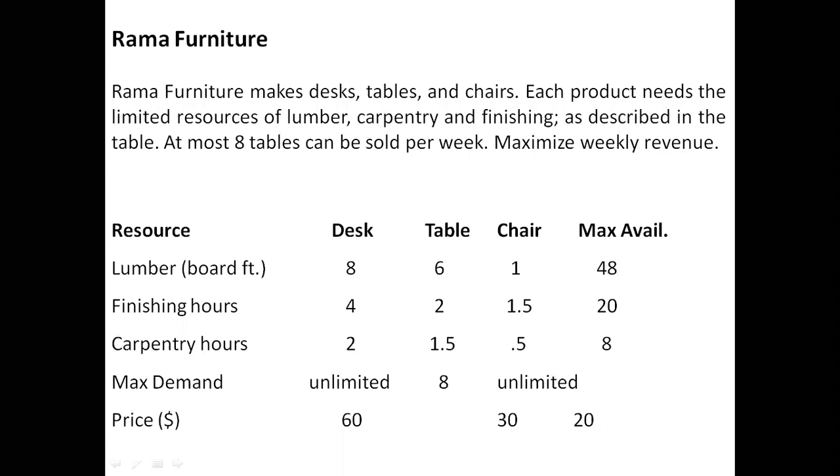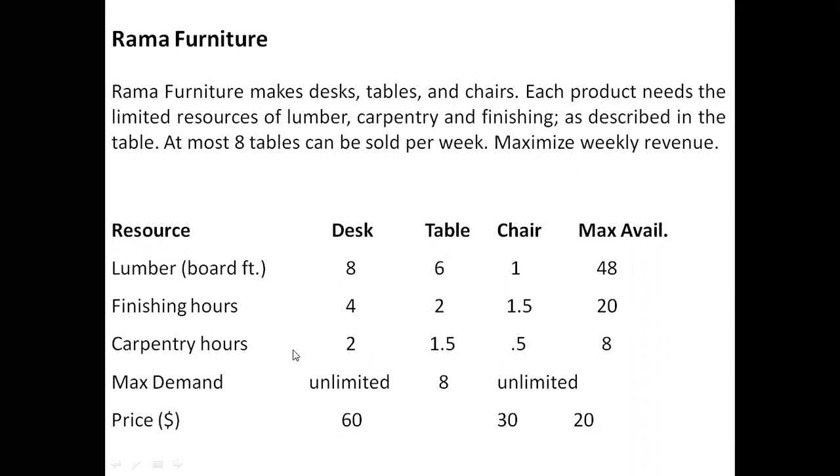So hence there is no problem for us to give the optimal quotients or constraint values. Next, in the case of finishing hours, how many hours of work will be commenced for manufacturing? So 4 hours for the desk, 2 hours for the table, 1.5 hours for the chairs. But we are having 20 hours of time.